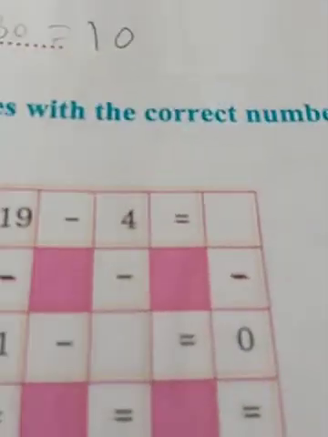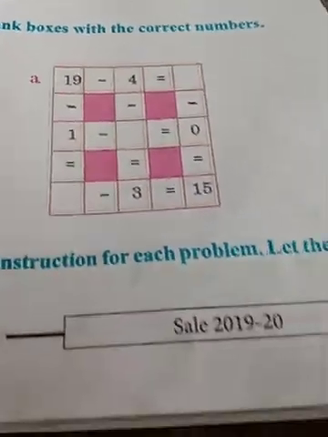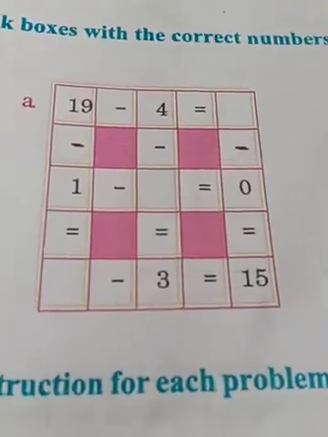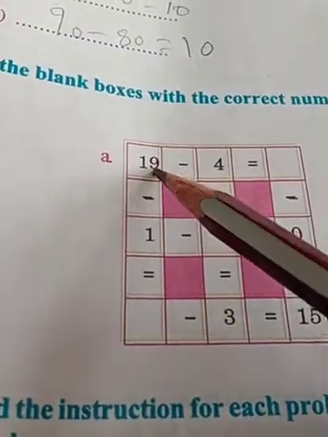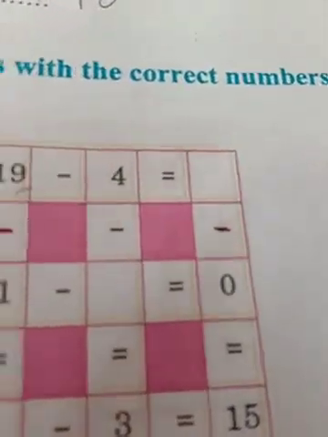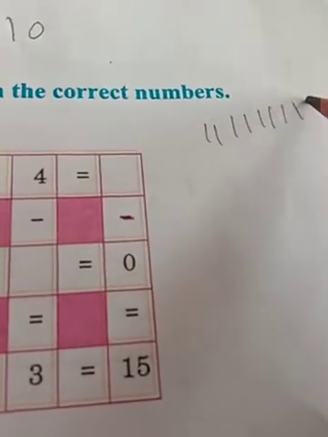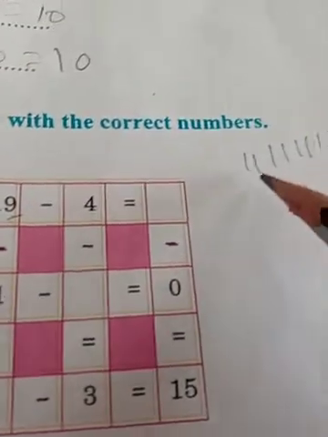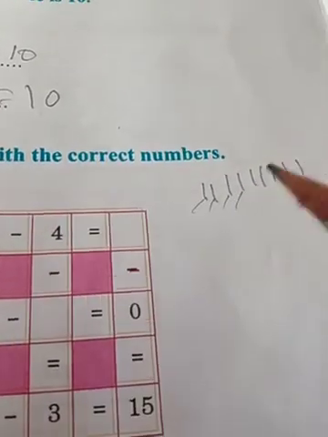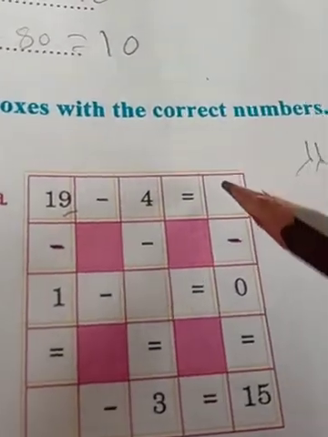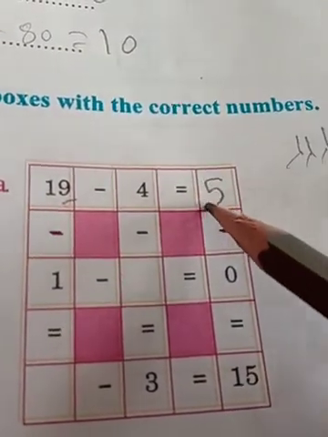See here. 19 minus 4. 19 minus 4 how much? Here 19 minus 4 means, see in ones place which number is there? 9. So we'll write 9 lines. 1, 2, 3, 4, 5, 6, 7, 8, 9. So we'll cut 4 lines. 1, 2, 3, 4. Remaining 1, 2, 3, 4, 5. So here write 5.